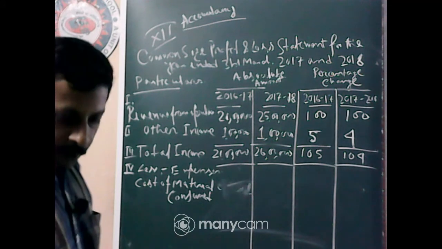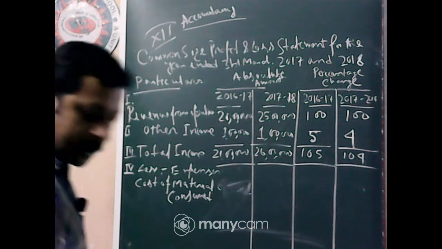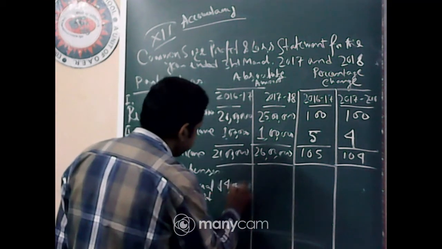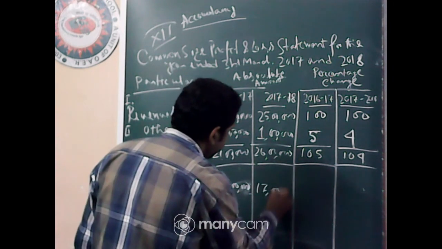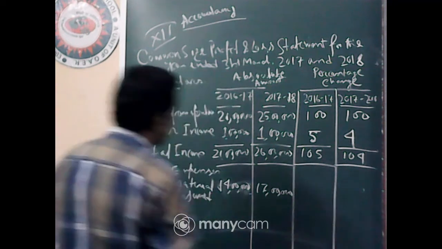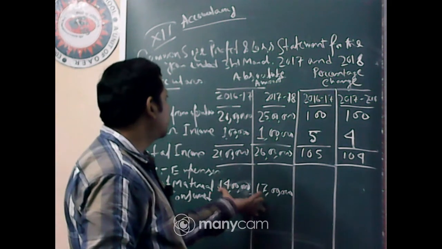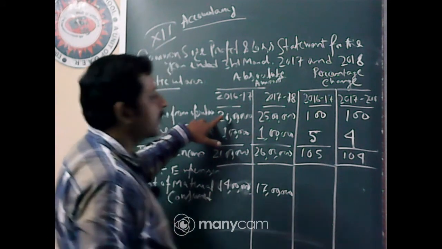Now figure is 14 lakh for 2016-17 and 17 lakh for 2017-18. And again, you do not need any absolute change. You have to compare this figure with which figure? That is net sale, means revenue from operation.